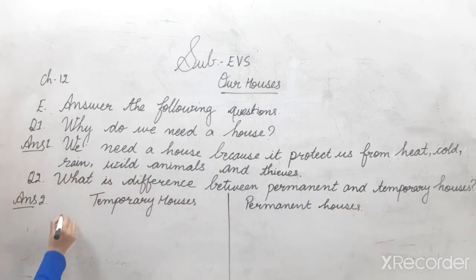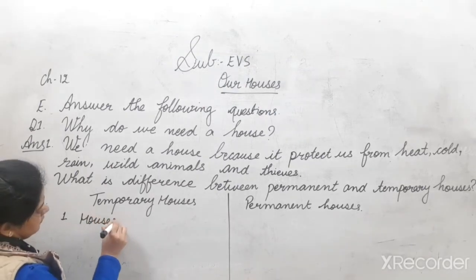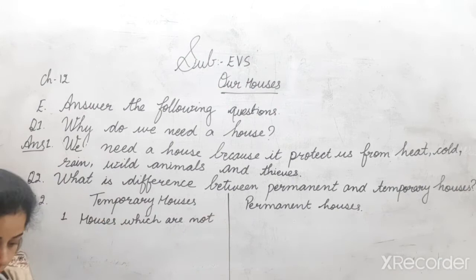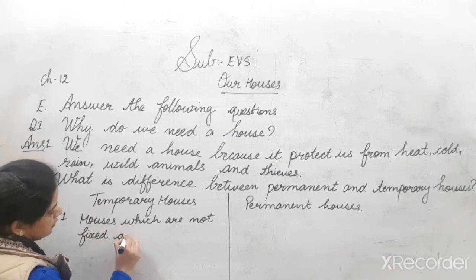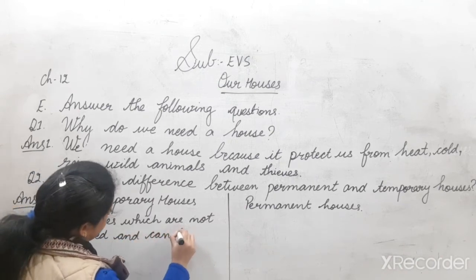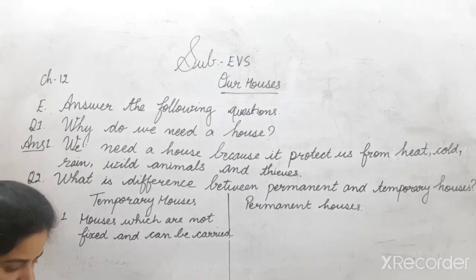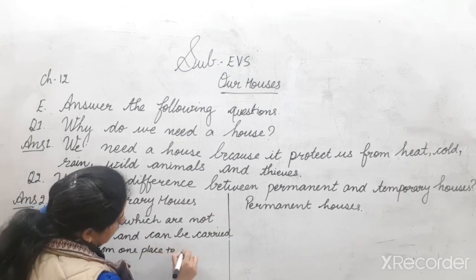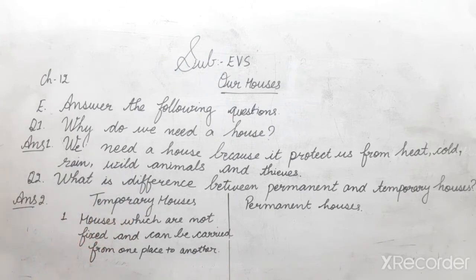Okay, so first one is houses which are not fixed and can be carried from one place to another. So your temporary houses are those houses which are not fixed, and we can carry them from one place to another.